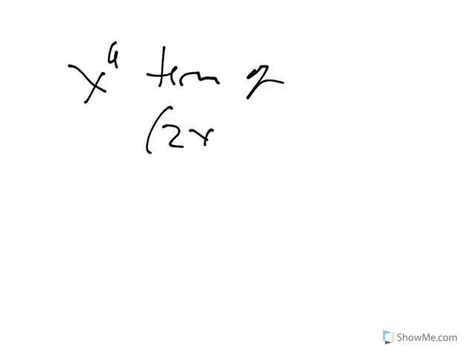Now sometimes they ask only for a specific term, like what's the x to the 6th term of 2x minus 3 to the 10th. So every term is going to have this structure.